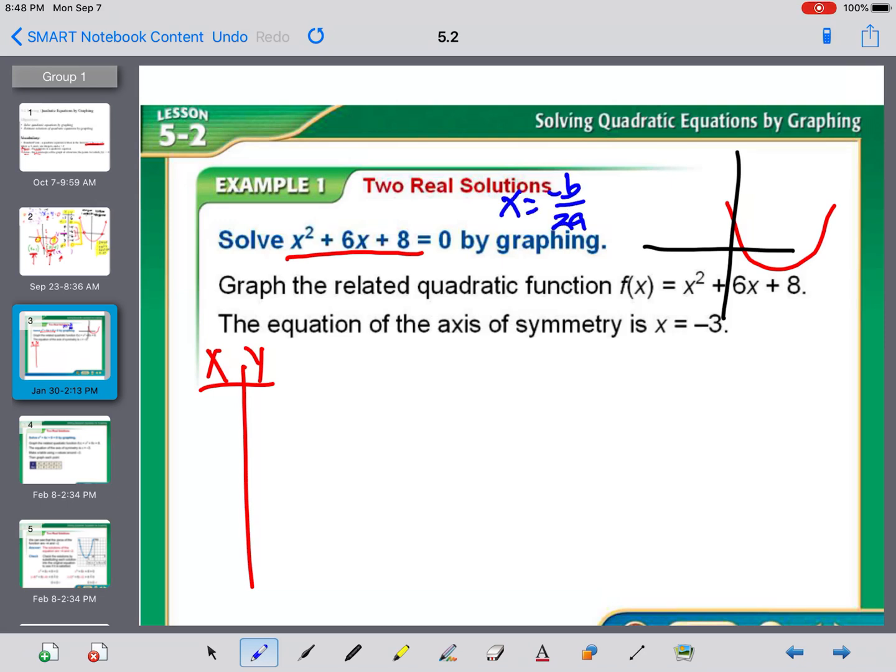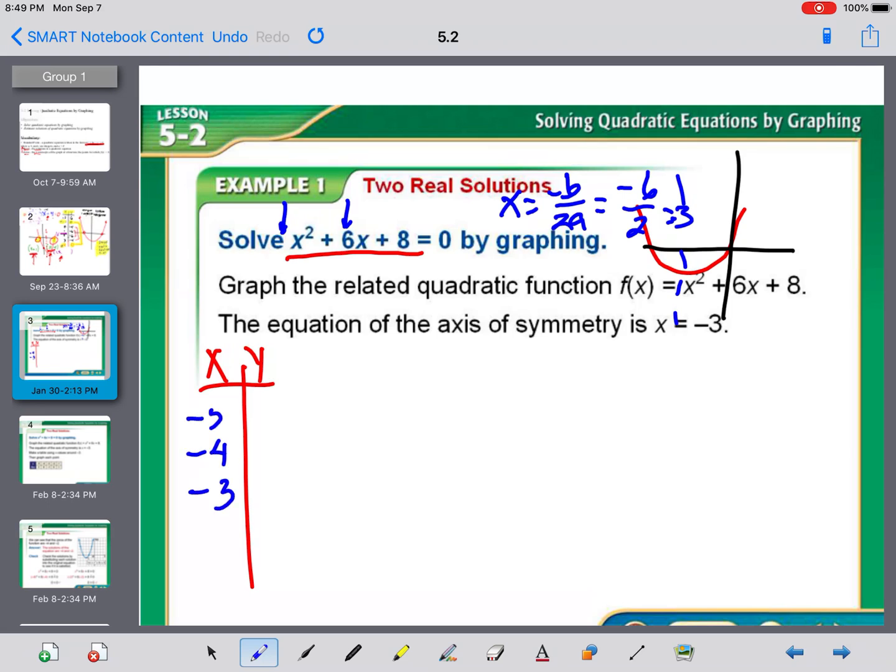Well, the easiest way to know is to go back to the axis of symmetry. So if I look at negative b over 2a, there's b, so that's negative 6, and a is 1, so that's over 2, so it's at negative 3. There's a negative in there.